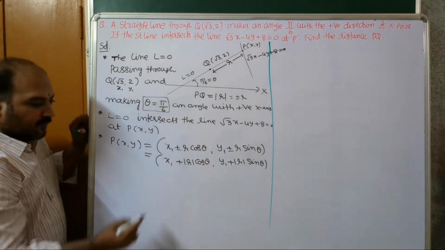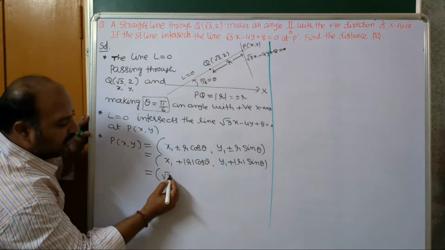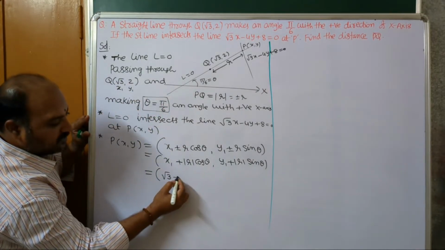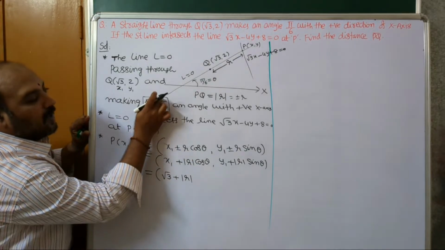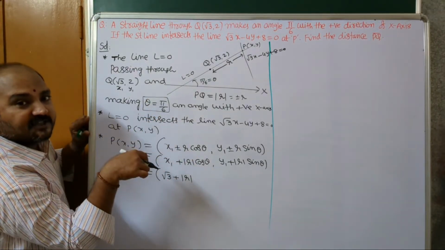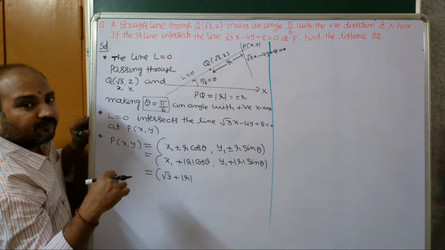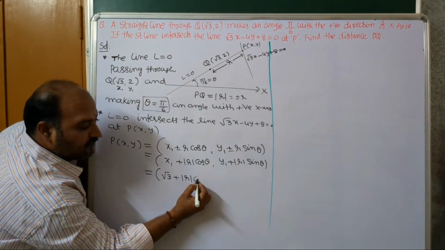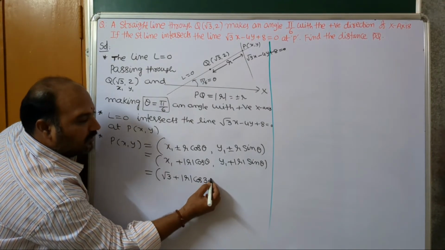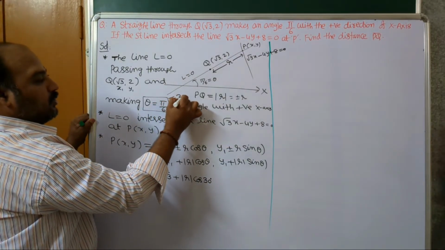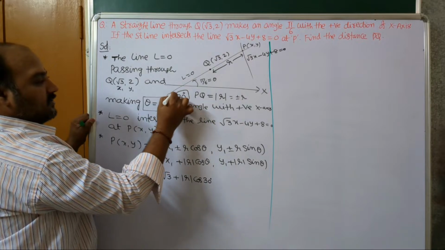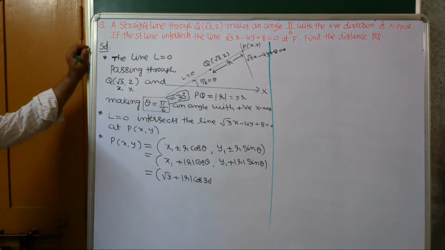Observe, dear students. x1 is root 3 plus mod r into cos pi by 6, and 180 by 6 means 30 degrees. So cos 30, here theta equal to pi by 6 is 30 degrees.